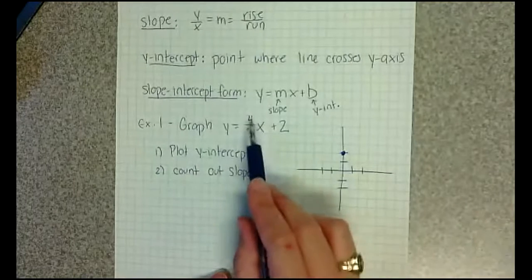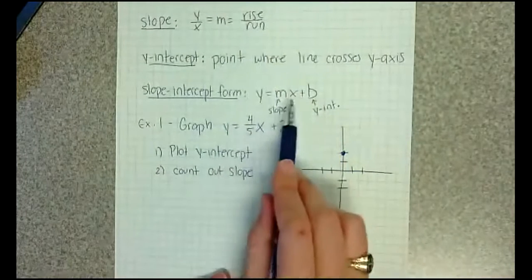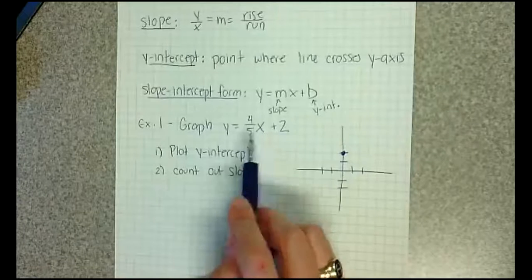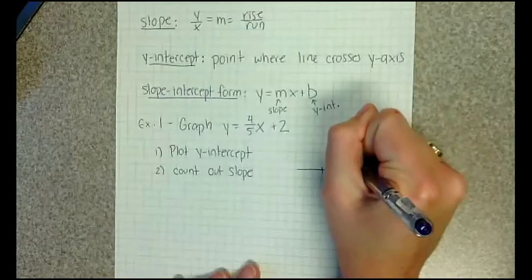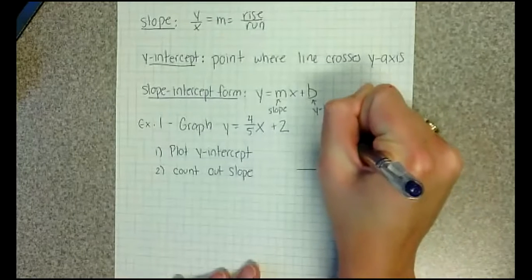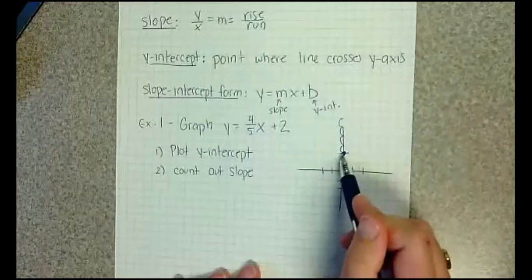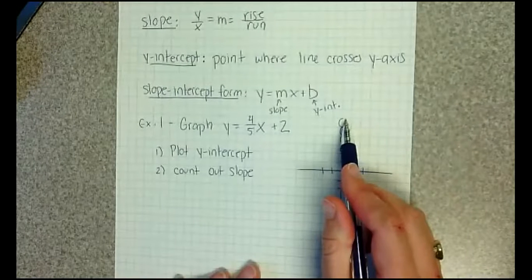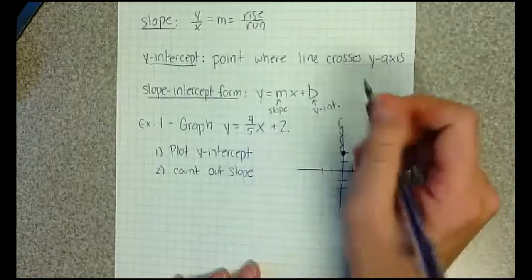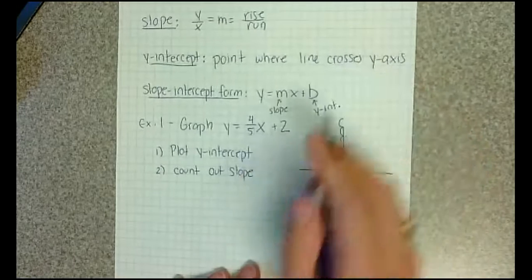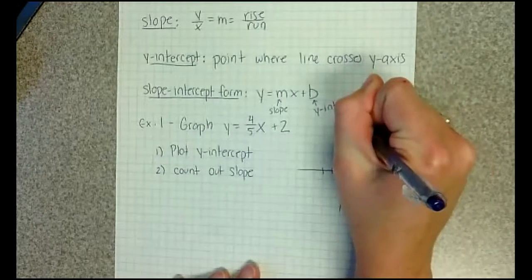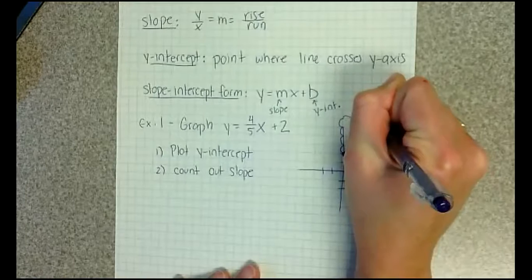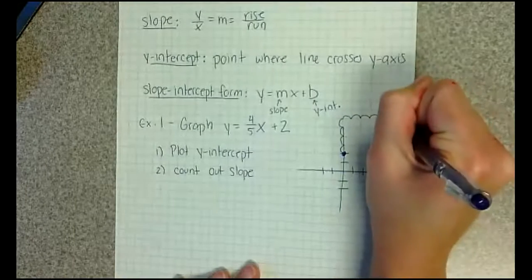My slope is rise over run, which is 4/5. So I'm going to go up 4, 1, 2, 3, 4. I'm just going to kind of make 4 little loops to show that I'm moving up 4. And then my run is 5, it's positive, so I'm gonna go to the right, 1, 2, 3, 4, 5, and just make 5 loops.